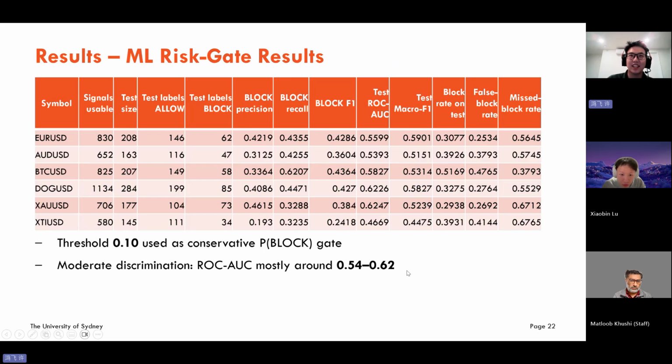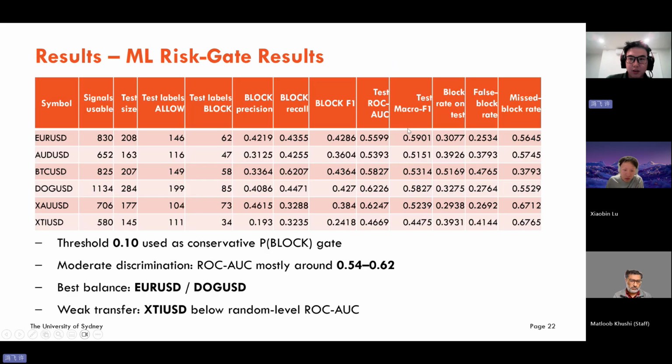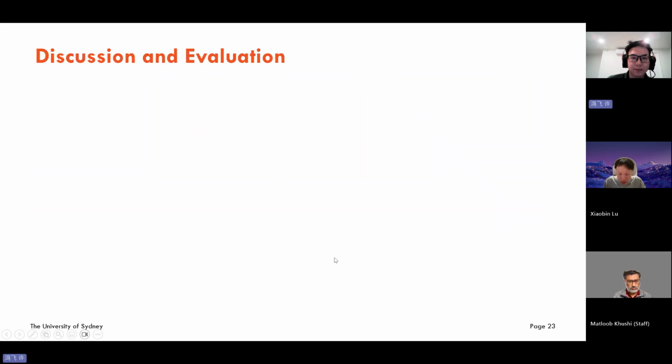That is just one rule that blocks everything, so that doesn't count. So I lowered the threshold. From here, we can see the ROC AUC and the macro F1, and comparing these two together, we can find the best balance is EUR/USD and another pair, and the weakest is XTI/USD.